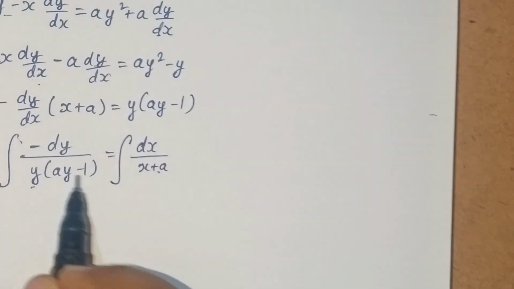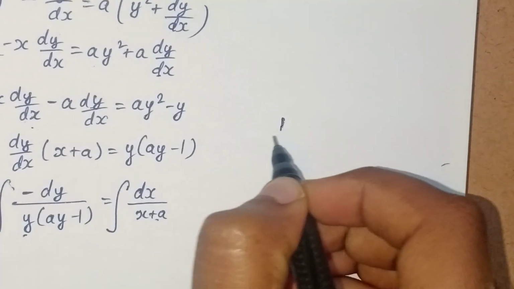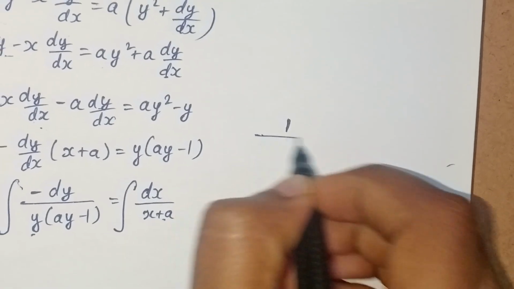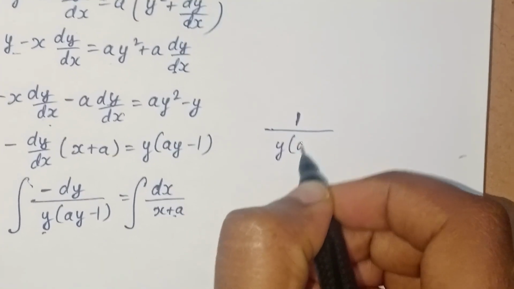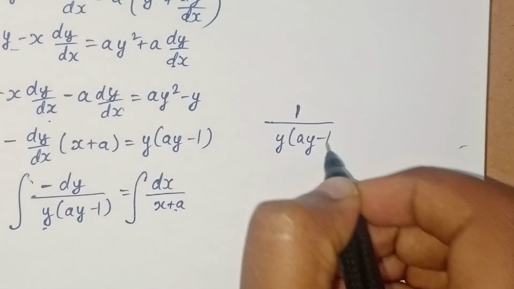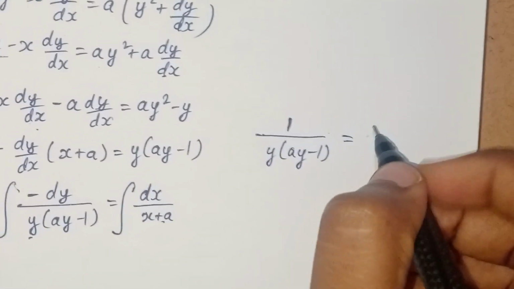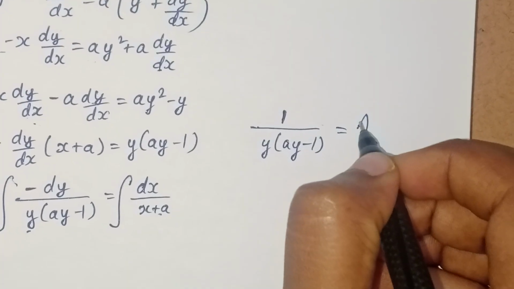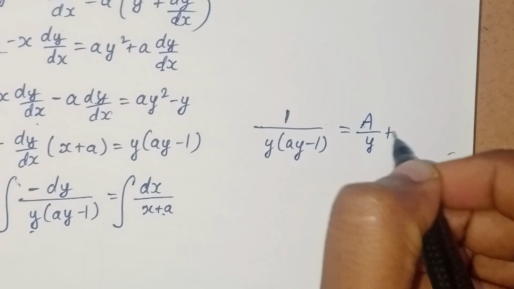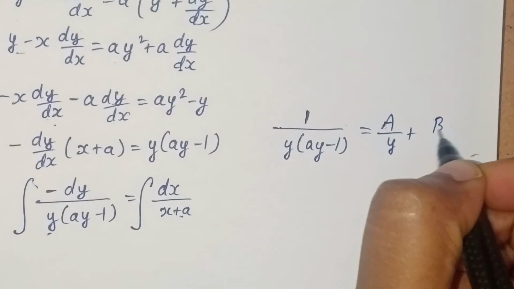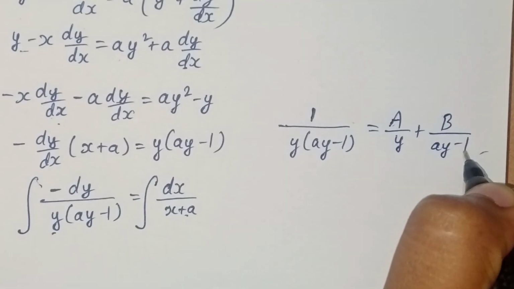We can write 1 by y(ay minus 1) equals A by y plus B by (ay minus 1).